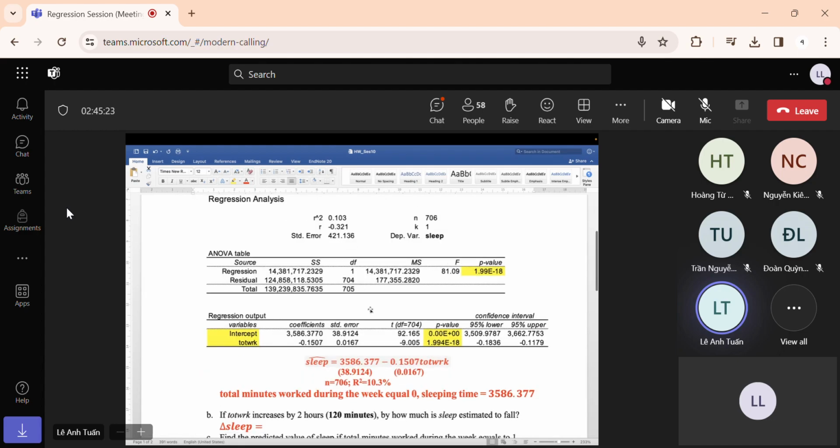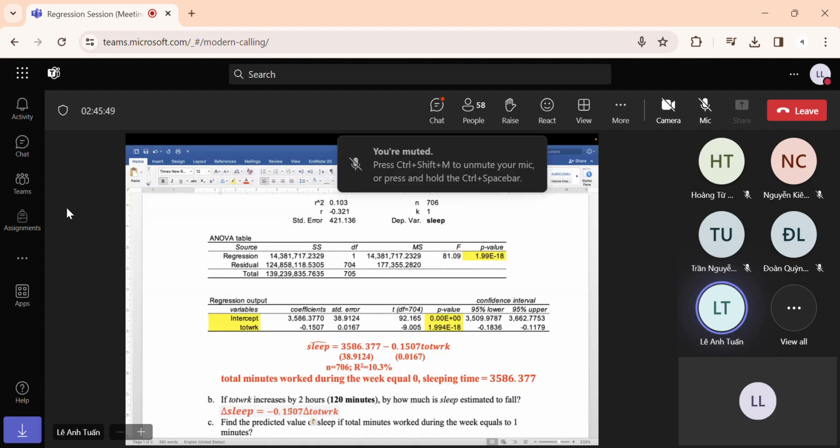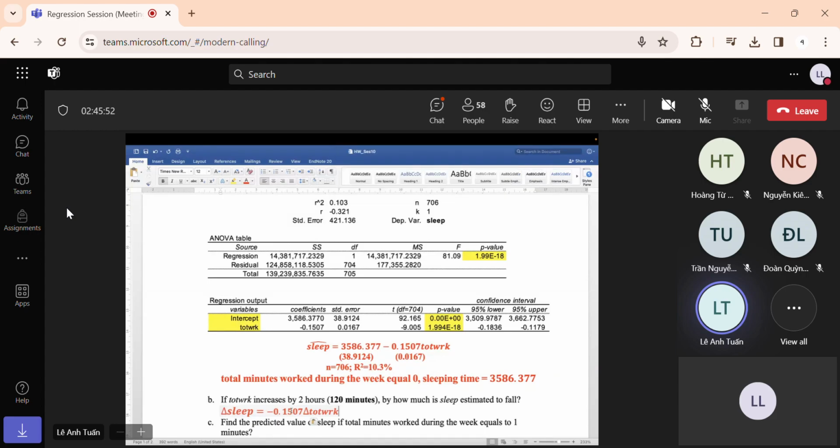So if the work is raised by 2 hours, which means 120 minutes, the sleep will change by the coefficient of the total work. We know that the coefficient on total work indicates the effect on sleep if the total work increases by 1 unit.